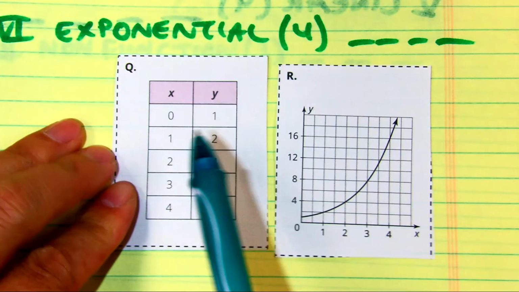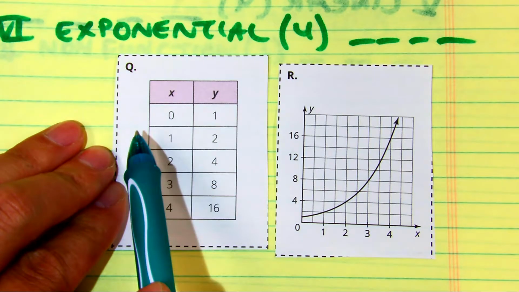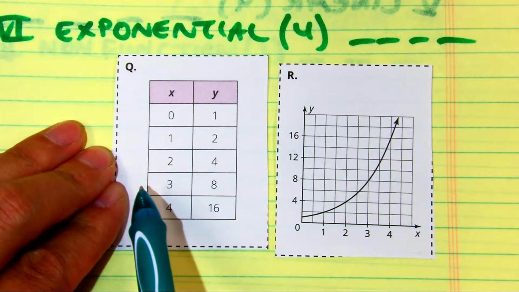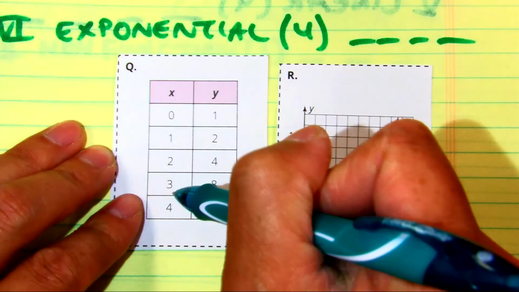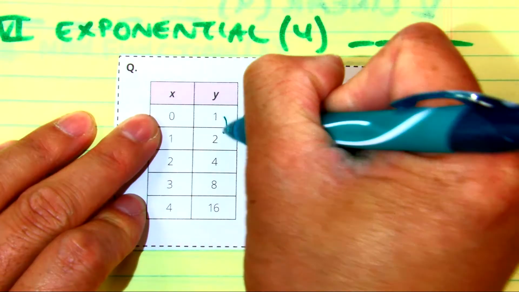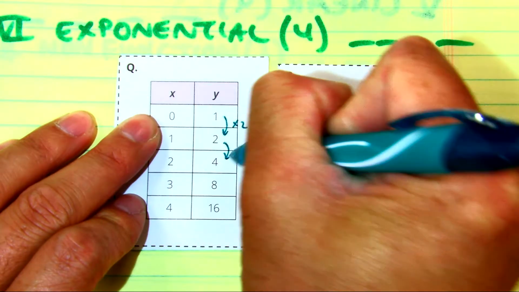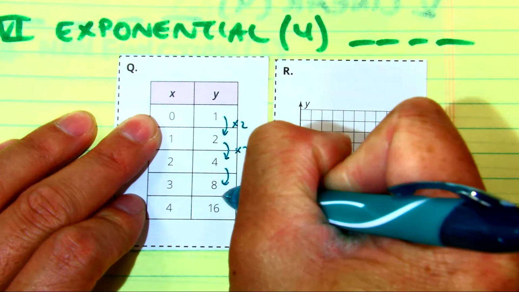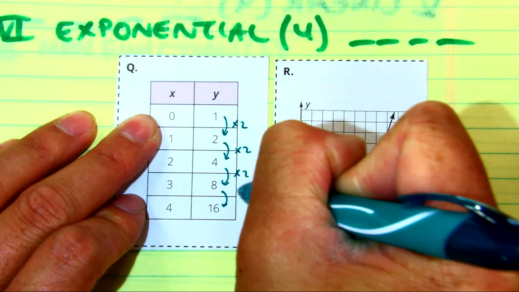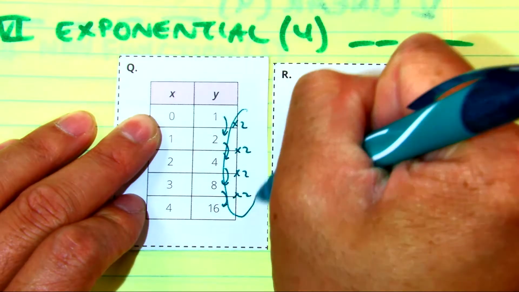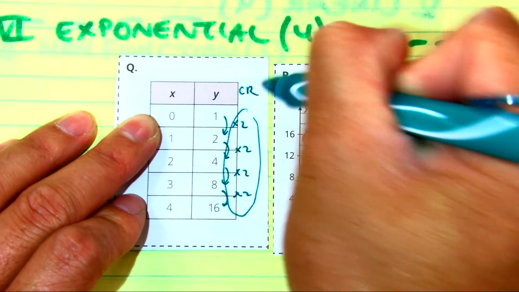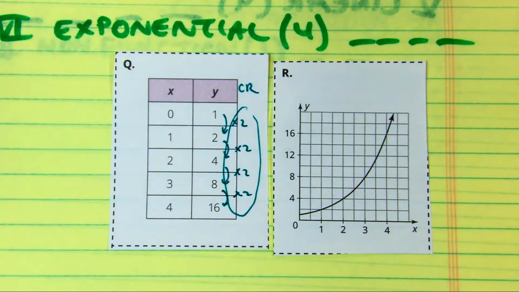I'm going to check over here because sometimes they do skip, so make sure you're counting by ones. If you're missing a number, you can just fill in the number. But she said multiply by 2. This is called our common ratio. That is correct. Good job, Lomi.